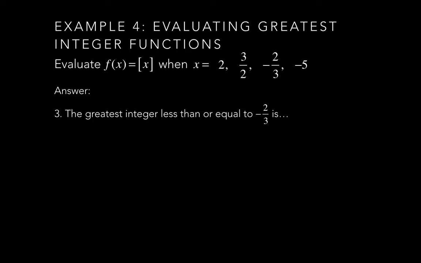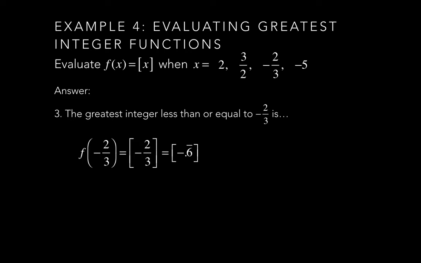What about the greatest integer less than or equal to -2/3? Well, -2/3 is definitely not an integer. Maybe writing it as a decimal will help. -2/3 is -0.6 repeating. So what is the greatest integer?